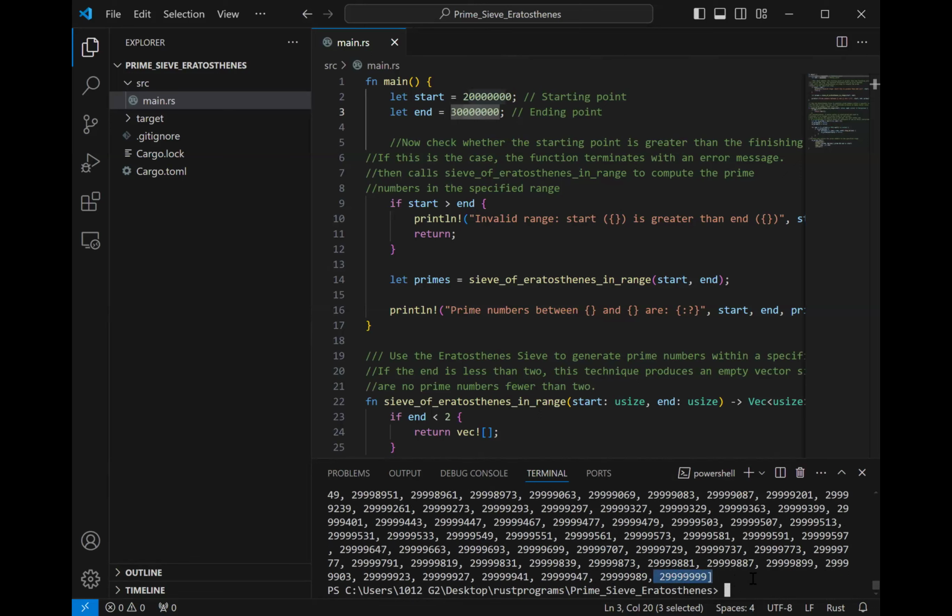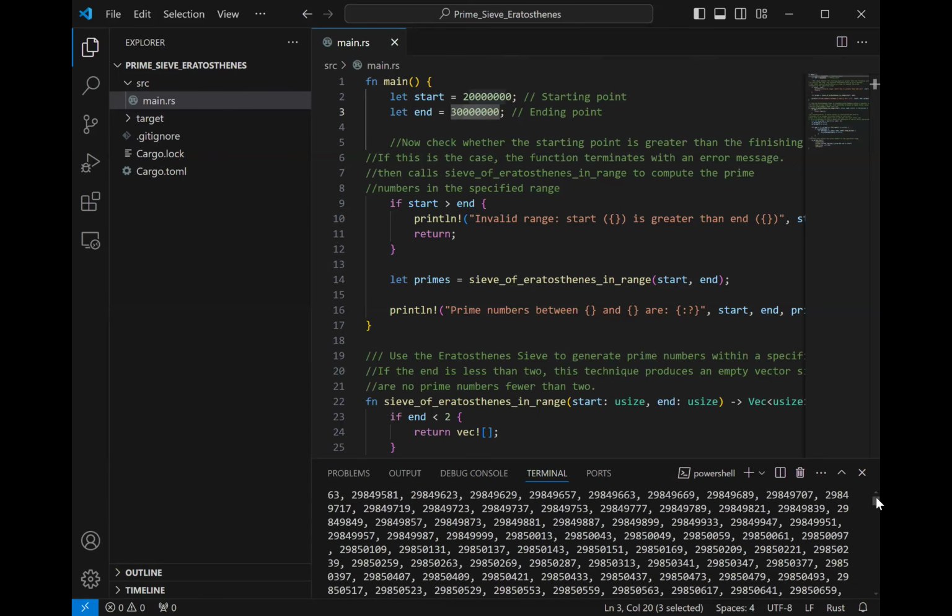It has given us up to 29,999,000, I think 199. You can see that, huh? You can see all these prime numbers, huh? Can you see? Yes. So those are the prime numbers within that range.